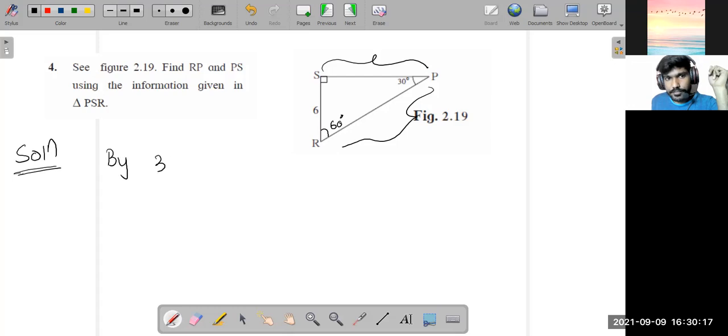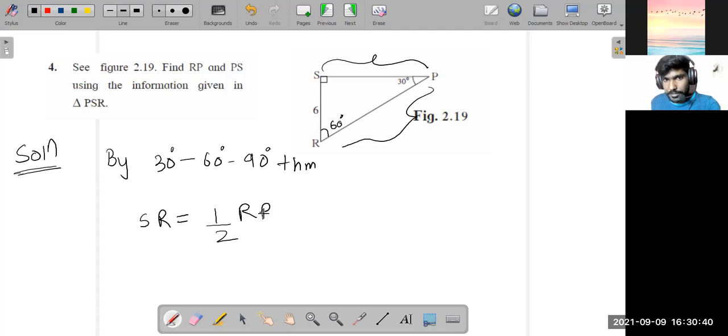By the 30-60-90 degree theorem, which is the side opposite to 30 degree? Look in the figure and tell me. SR. The theorem says the side opposite to 30 degrees is half of the hypotenuse.